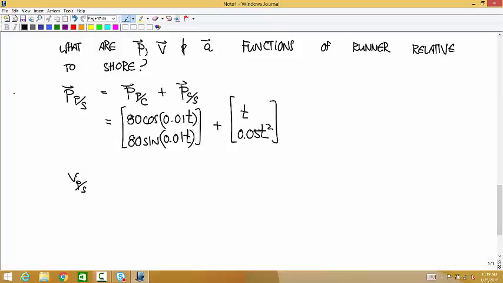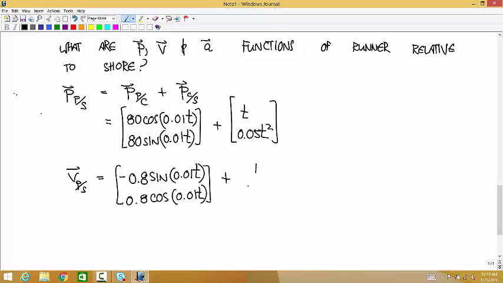velocity of the passenger with respect to the shore is equal to negative 0.8 sine of 0.01t, positive 0.8 times the cosine of 0.01t, plus 1, 0.1t.